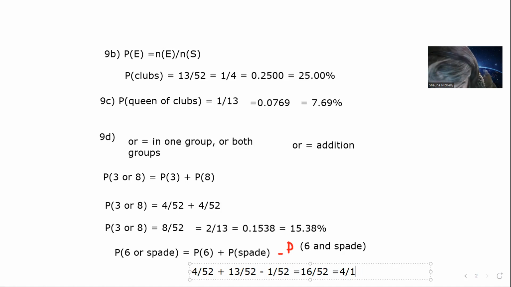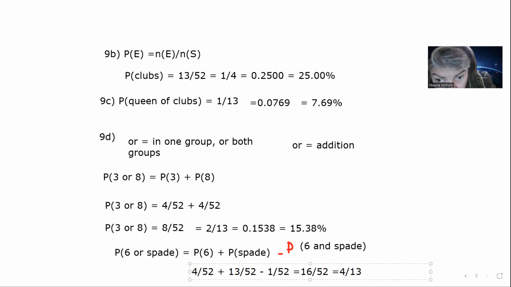And if you do the work there, 16 out of 52 will give you 0.3077 if I round it. 0.3077.